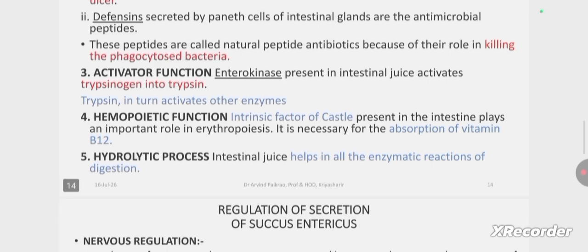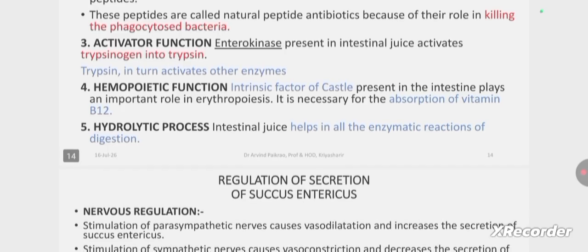Then we'll see the activator function. Enterokinase present in the intestinal juice activates trypsinogen into trypsin, and trypsin is very important for the digestion of protein. Next is the hemopoietic function. Intrinsic factor of Castle is secreted in the small intestine, and it helps in the absorption of B12.